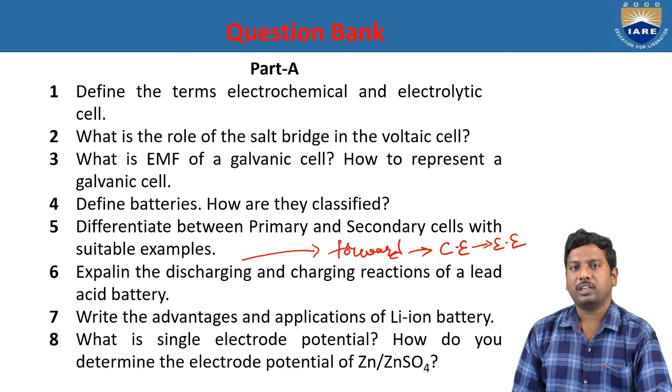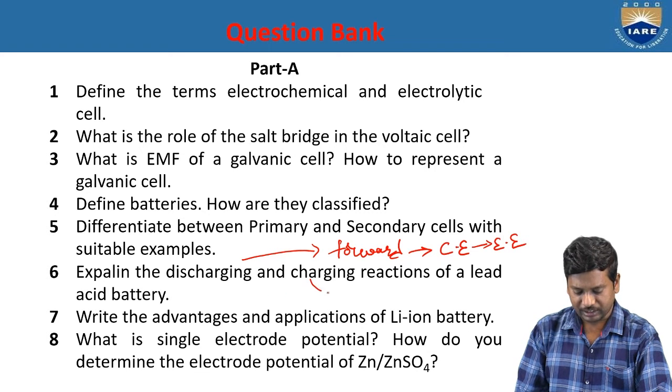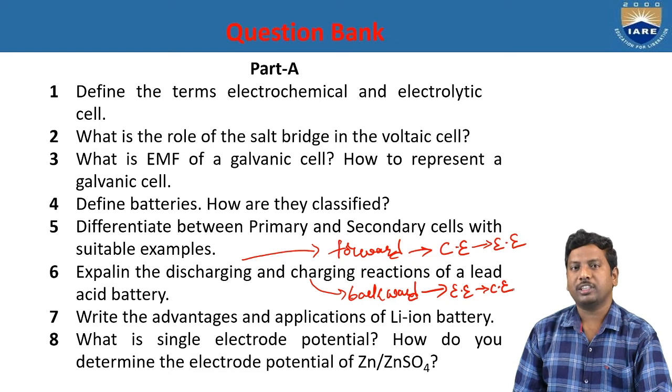The lead metal undergoes an oxidation reaction and converts to lead plus 2, and the backward reaction is the charging reaction. It involves the conversion of electrical energy into chemical energy. So that is the charging process.